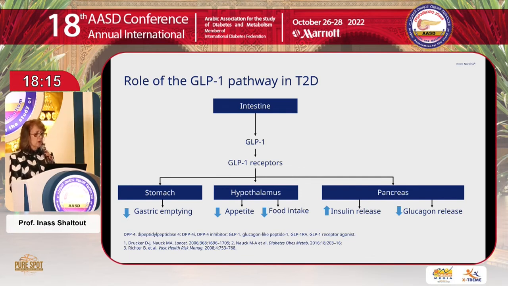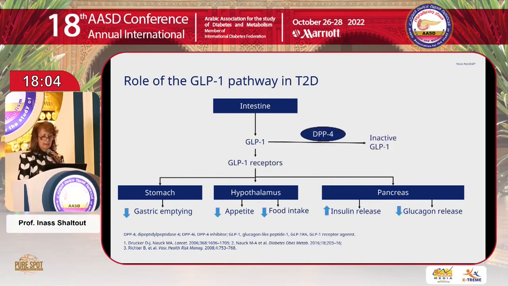This is the role of GLP-1 in type 2 diabetes. GLP-1 is normally produced by the intestine, and it is degraded into an inactive GLP-1.